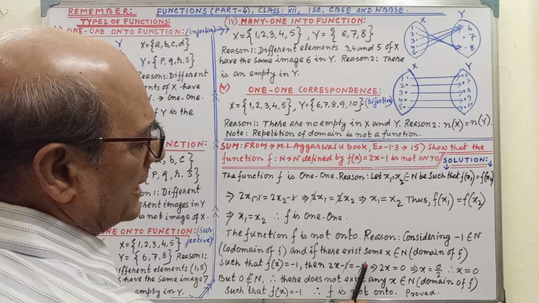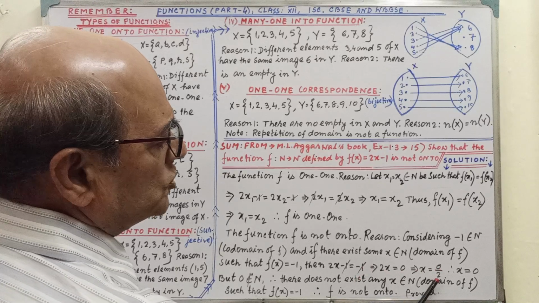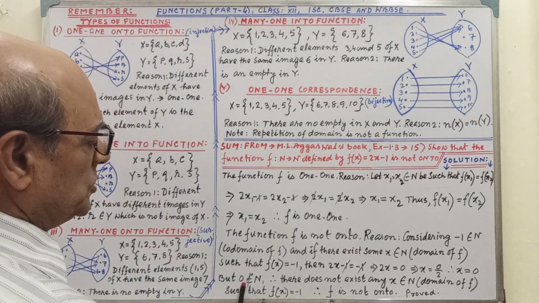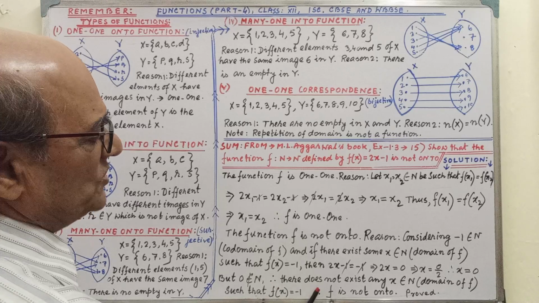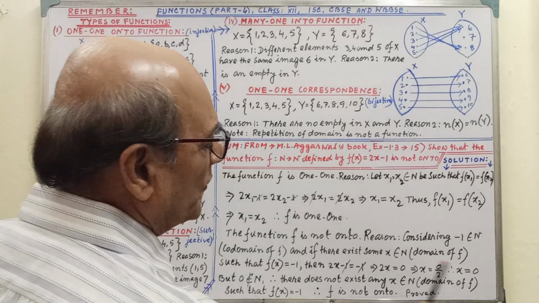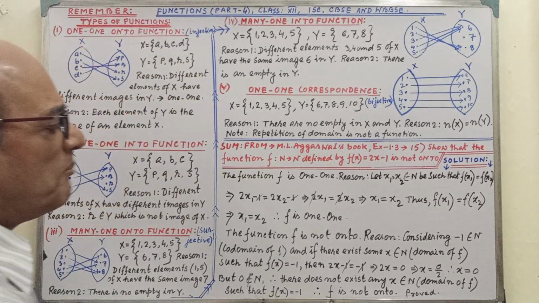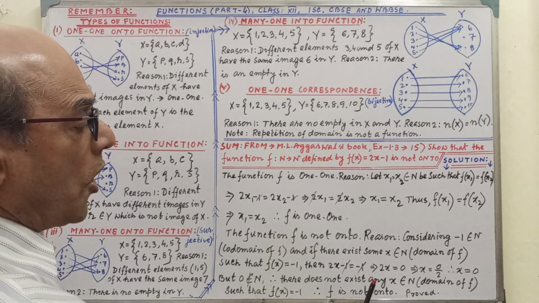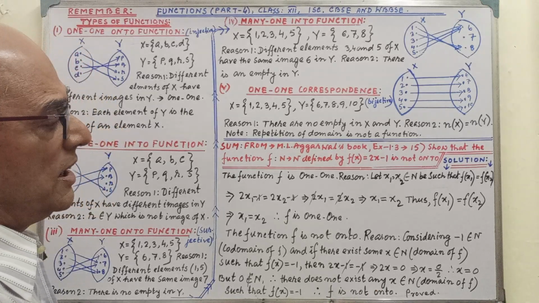By calculation it is coming 2x equals 0, x equals 0. But 0 does not belong to N, therefore there does not exist any x belonging to N, the domain of f, such that f(x) equals minus 1. Therefore f is not onto. f is not an onto function.